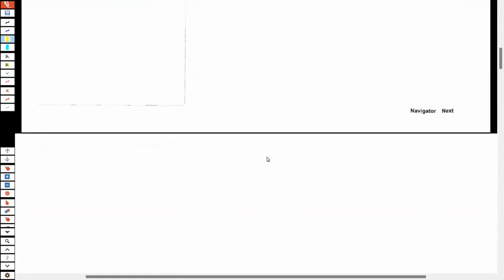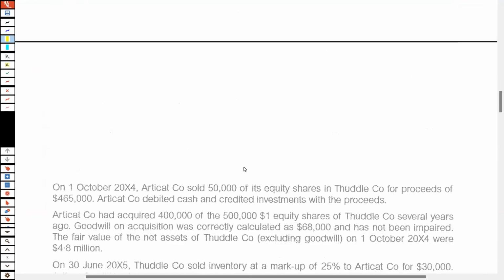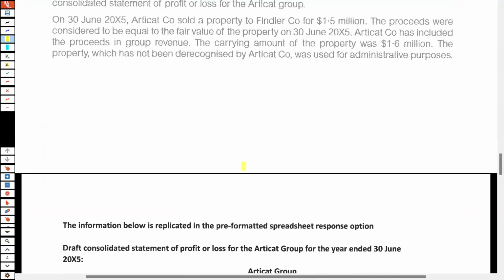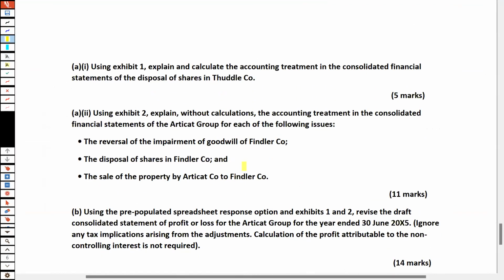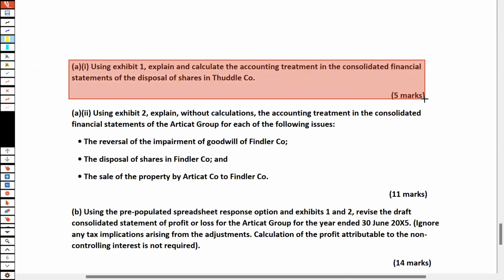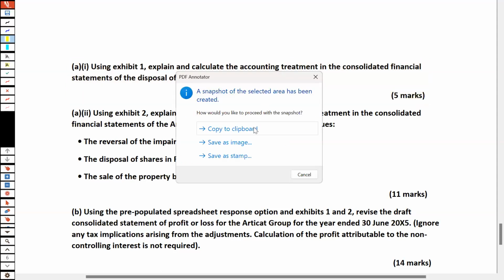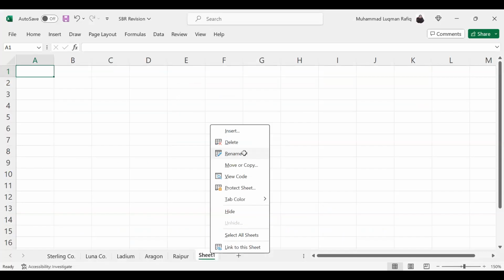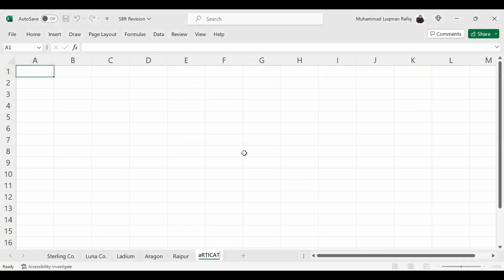Now, let's talk about the response options on this question. One of the response options is: using exhibit number 1, explain and calculate the accounting treatment in the consolidated financial statement of the disposal of the shares in Thadal Company. The name of the question is Articut Company.